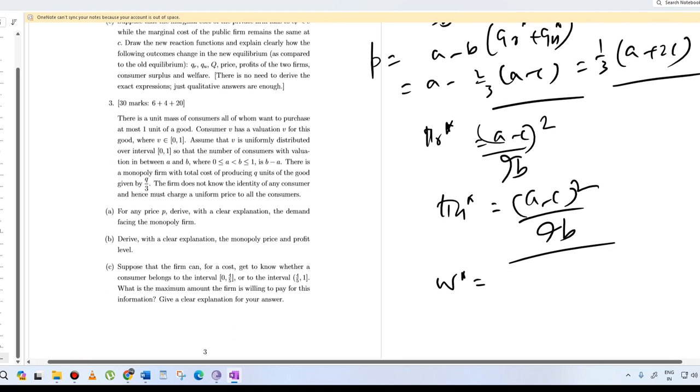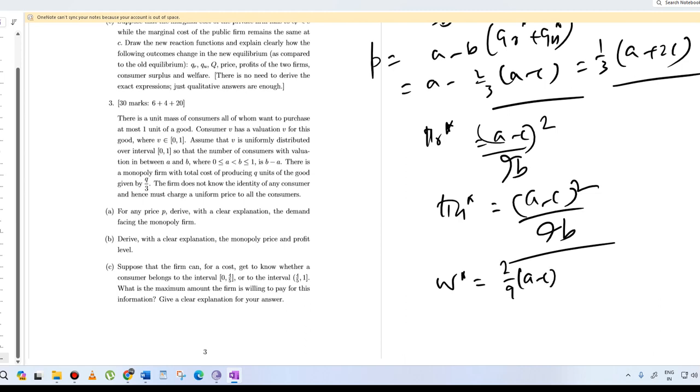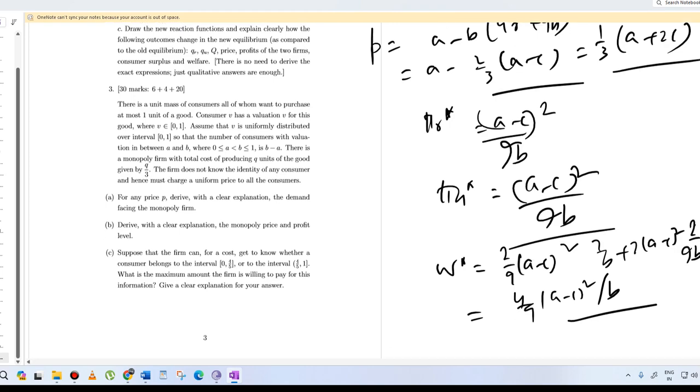Welfare star is 2/9B (A minus C) whole square plus 2/9B (A minus C) whole square, that is 4 by 9 (A minus C) whole square divided by B. So in summary, the equilibrium output, price, consumer surplus and welfare are done.